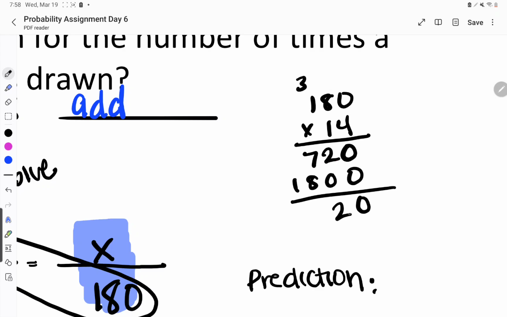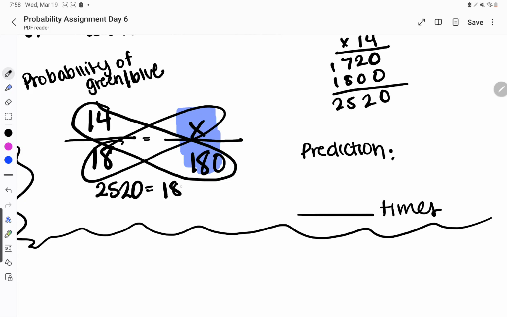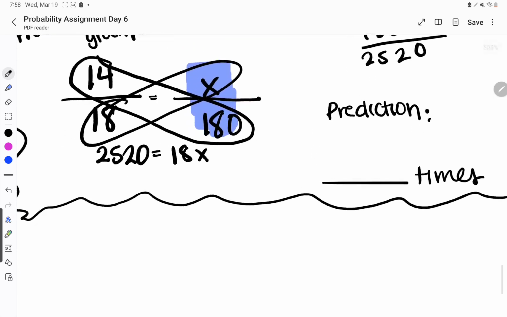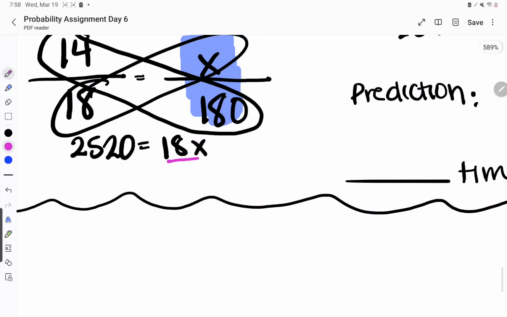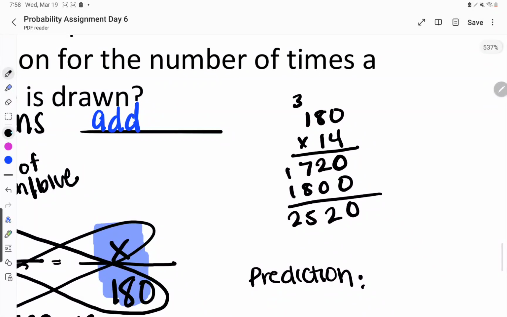Add it all together, 2,520 equals 18x. Divide both sides by 18. 2,520 goes on the inside because it's on top, and 18 goes on the outside.